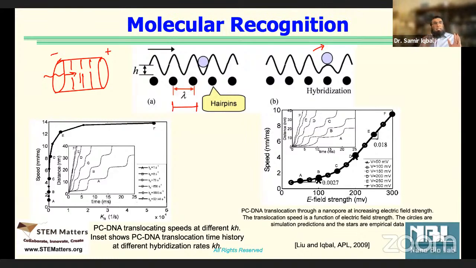But if we move things slowly, we can have more hybridization. In the upper picture, the circle is the target molecule, and the black ones are the probe molecules. If a target molecule comes through and we move it too fast, it will not have time to interact with a probe molecule.